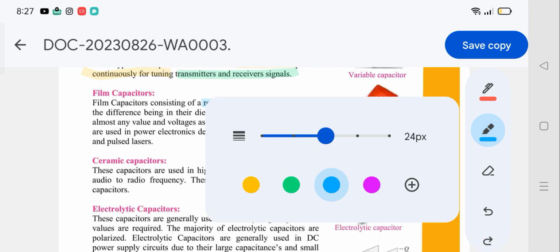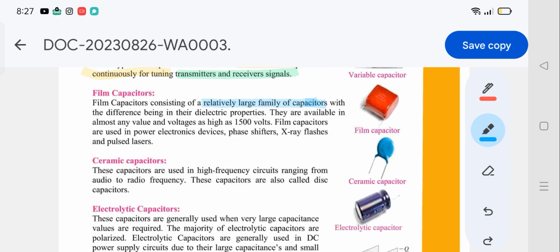There would be only a difference in their dielectric properties, however all capacitors would be the same, right? So film capacitors are basically a family of a large number of capacitors. There would be only a difference in the dielectric properties. We will be studying the dielectric constant in today's video. That basically would be the dielectric properties or dielectric constant of the insulating materials, right?